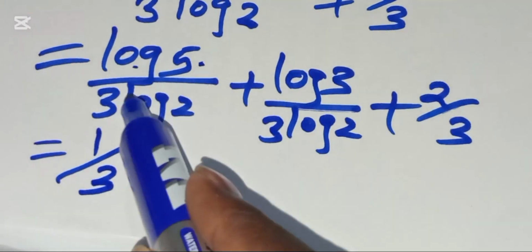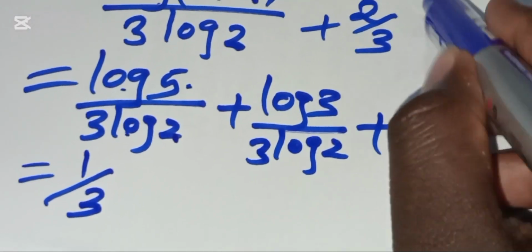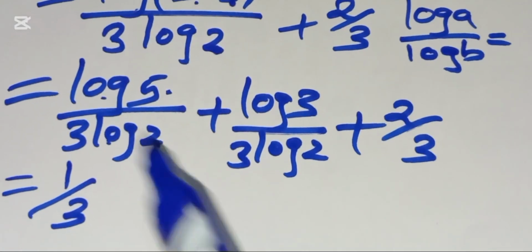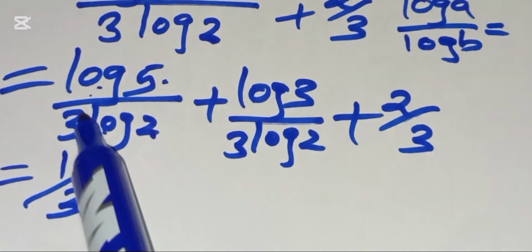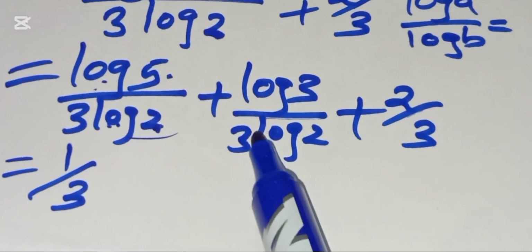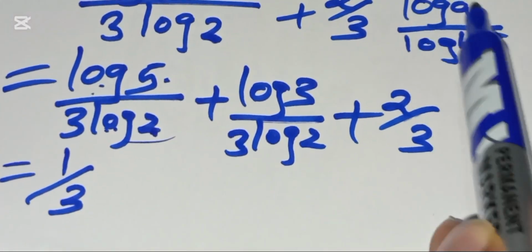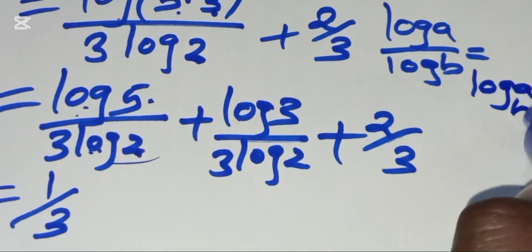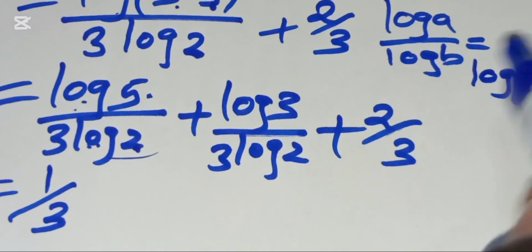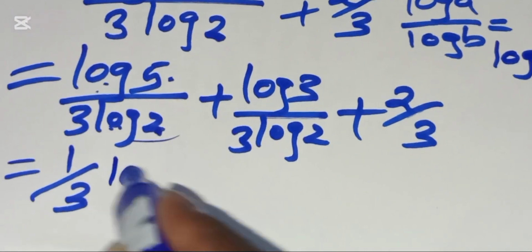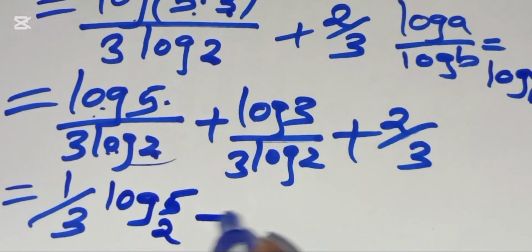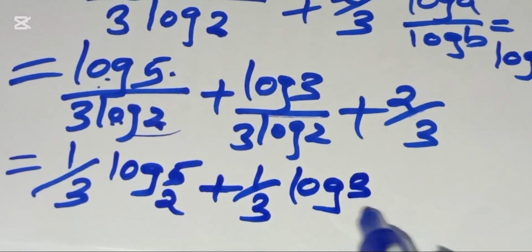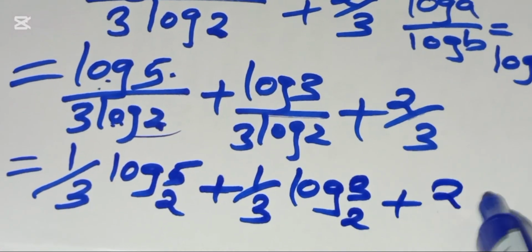Log 5 divided by log 2 is in the form of log a divided by log b, which we can transform as log a to base b. So we'll have a third log 5 to base 2 plus a third log 3 to base 2 plus 2 over 3.